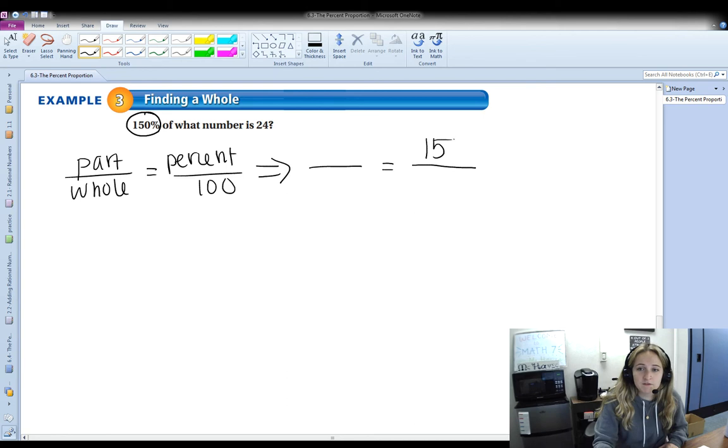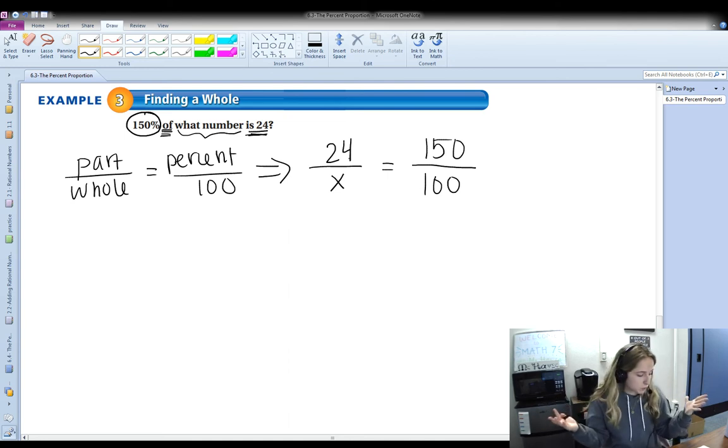So I'm going to write 150. Again, the 100 in the bottom never changes. Of what number? Of. There's the of, but do we know what the number is? No. So that means that that is going to be an x. And then "is" means part, is 24. So we write the part right there, 24.